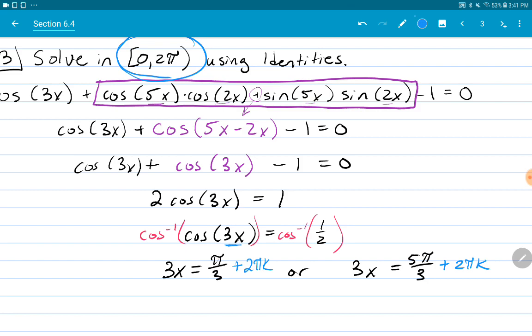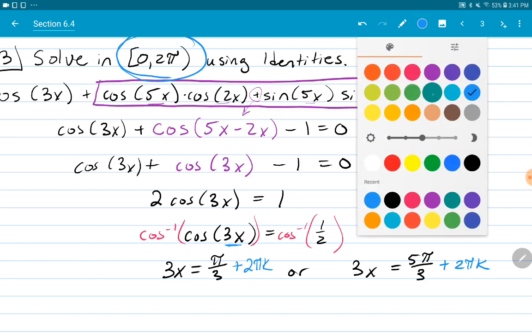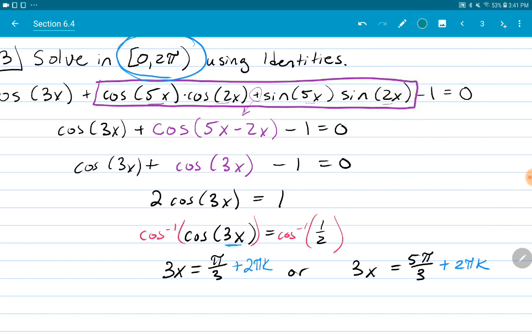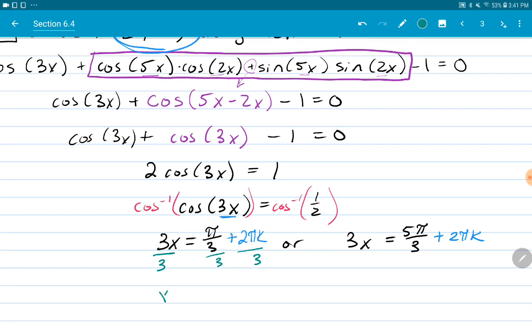Now to solve for x, I will divide both sides by 3, and I have to divide each piece by 3. So what I get here is x on the left, pi divided by 3 is going to be pi over 9. I'm going to take that a step so you can see how that works.